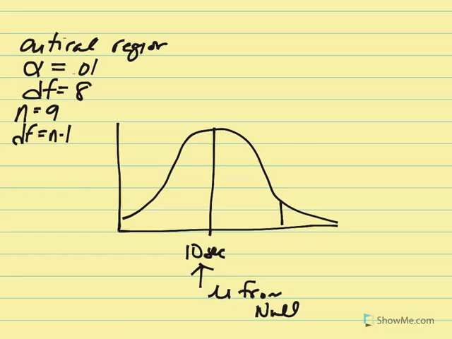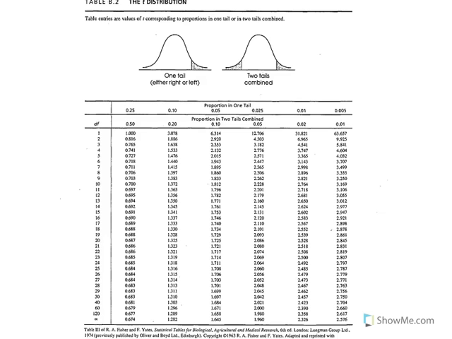So now let's use our t-table to identify what our critical t is equal to. Again, degrees of freedom is equal to 8. This is now a one-tailed test, so we're going to use this tier, and we set alpha at 0.01, so that's the value.